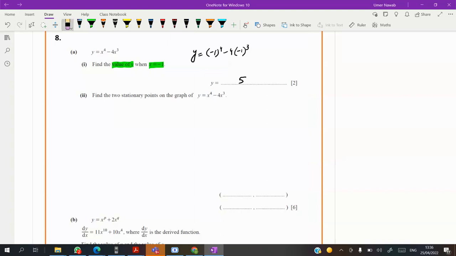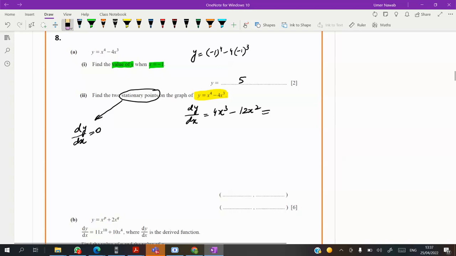Now stationary points, we have to get the derivative first. dy by dx, which is 4x power 3 minus 4 times 3 is 12x squared. For stationary points or turning points, we have to put dy by dx equals to 0.